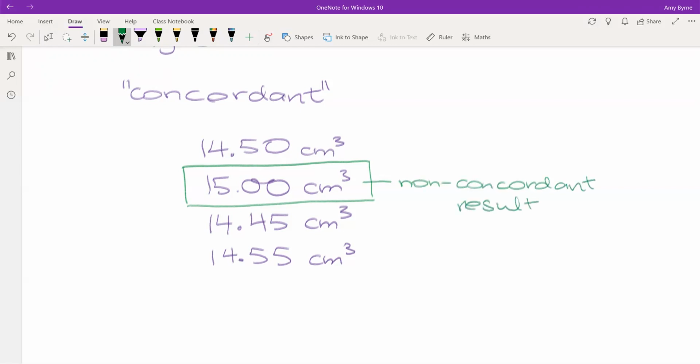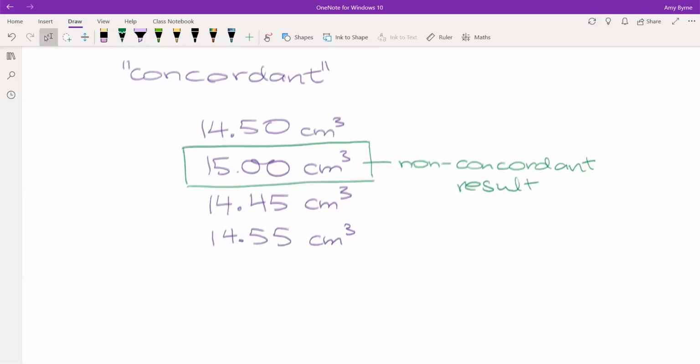So in a question where you're performing the calculations from a titration, or you're doing an experiment and you need to analyse your results, the values that you average to carry on with in your calculation should only be the concordant results.